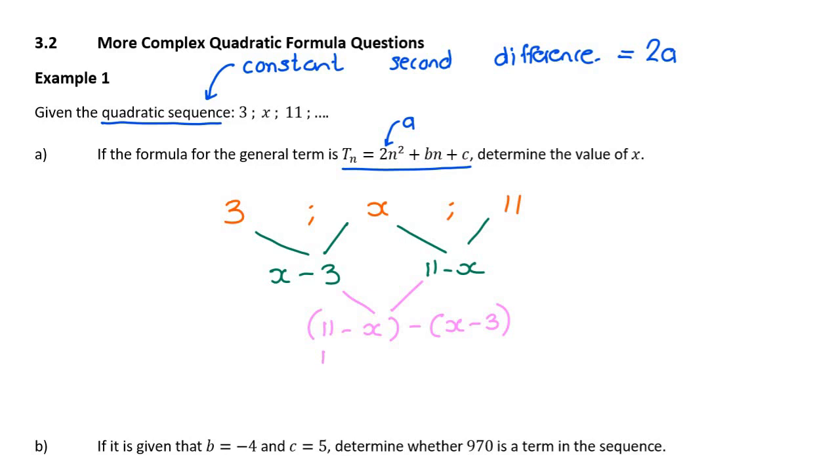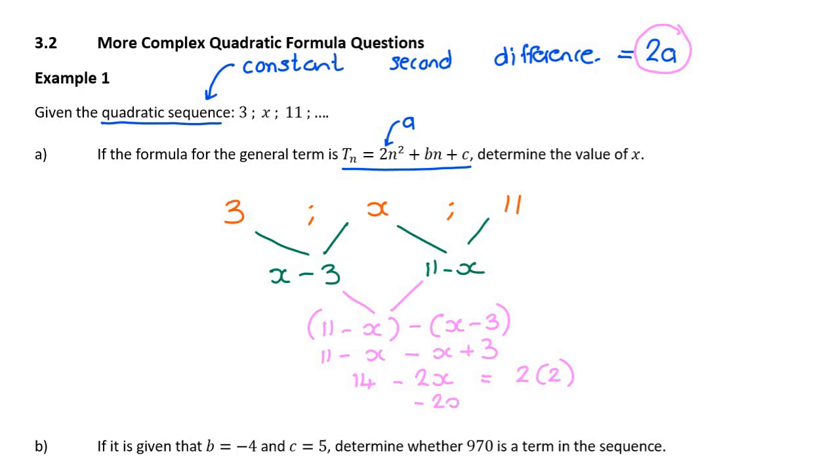So if I simplify this quickly, this is 11 minus x plus 3. So this is 14 minus 2x. Now what do I know about the second difference? I know the second difference has to equal 2a. And I know what a is because they gave it to me in the formula. So I know it must equal 2 times 2, which is 4.